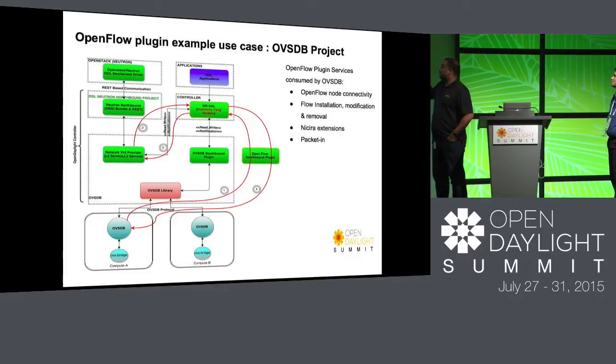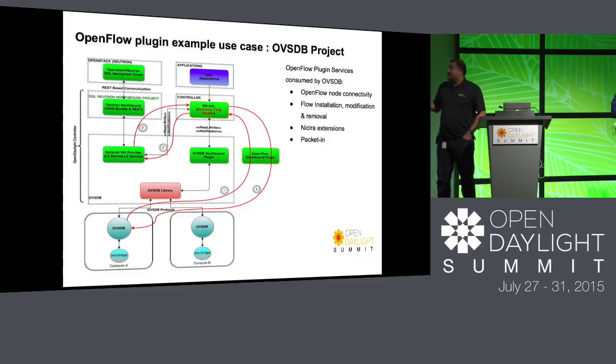Second, flow installation, modification, and removal, which OVSDB consumes from OpenFlow. Nicira extensions are something which we heavily consume, GBP and OVSDB both. And recently we started using packet-in, listening for a very specific set of packets to figure out gateway resolution and so on. These are the four main features of the plugin, and OVSDB and GBP are both consuming them.